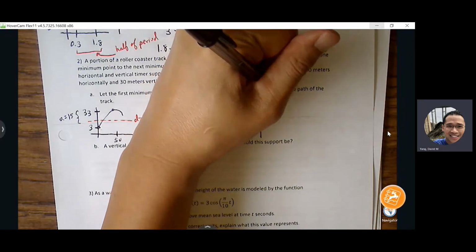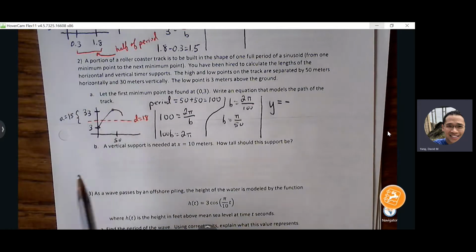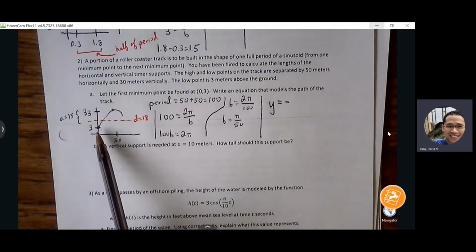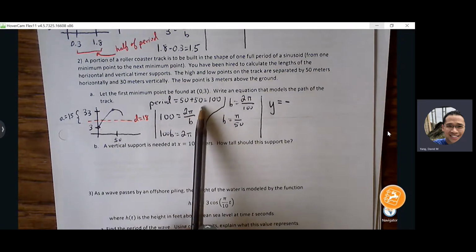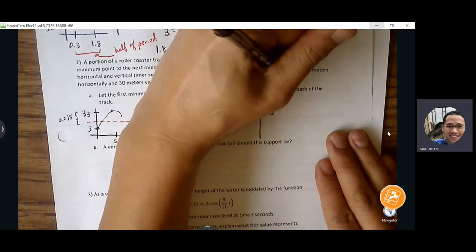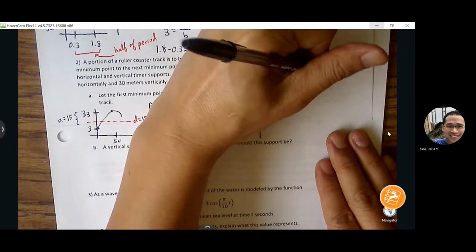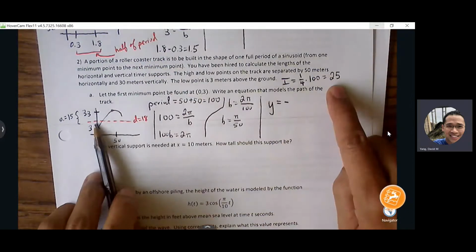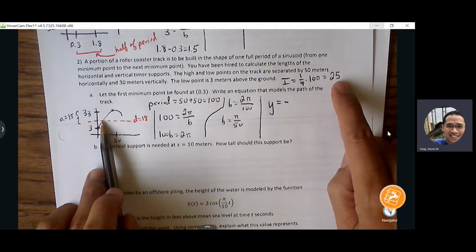Do you want me to reflect it on this one because you want it to be a cosine, or if you want to do a sine one, you can also do it? Well, if you want it to be sine, then you would have to figure out where that midline is. If you want to figure out that midline, then you would have to find your interval. The interval would be 1/4 times 100. So yeah, you could have it being sine, but then shift it to the right 25.